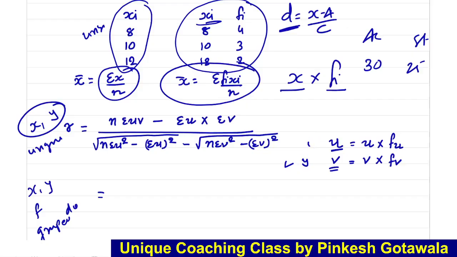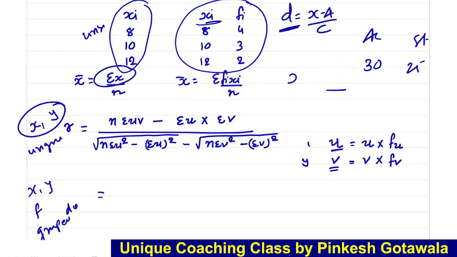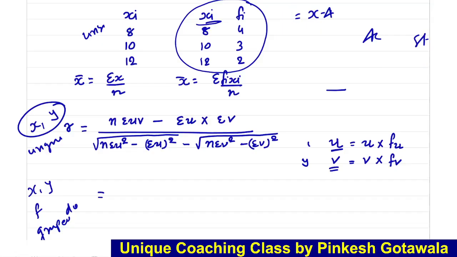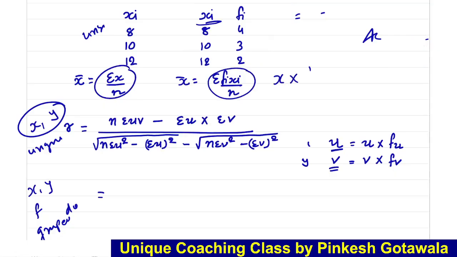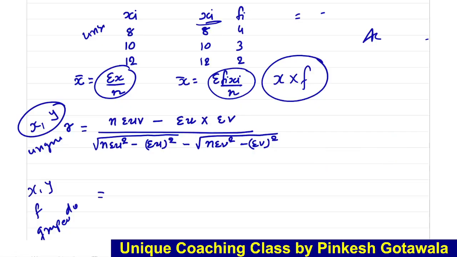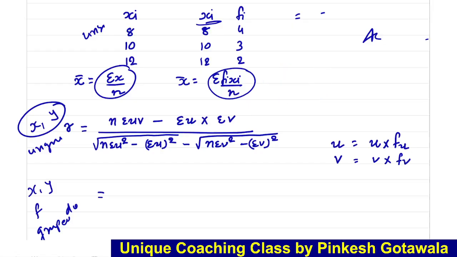Clear? Just as here only x is given and x is multiplied with frequency, same here u will be multiplied with its own frequency fu, and v with its own frequency fv. That's the change.